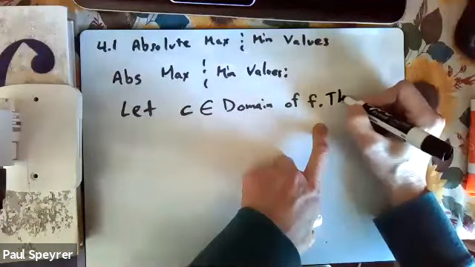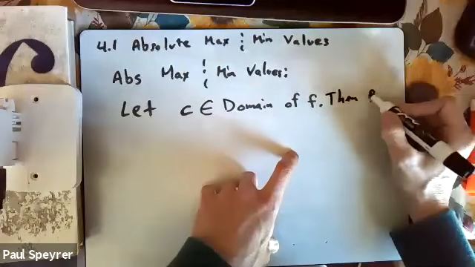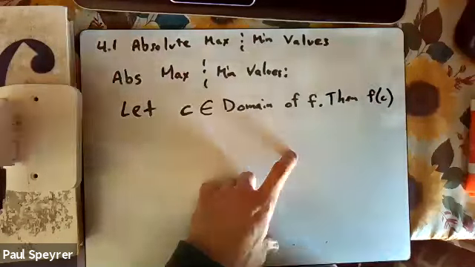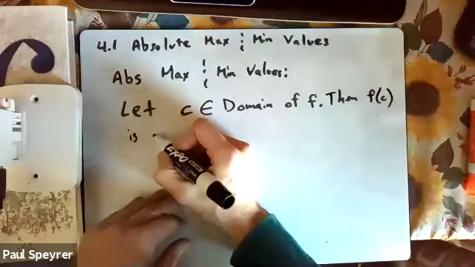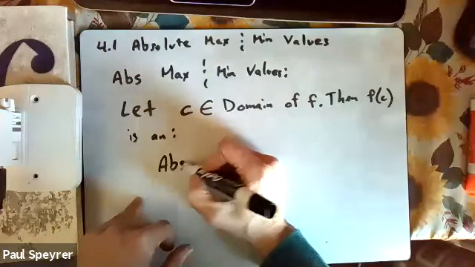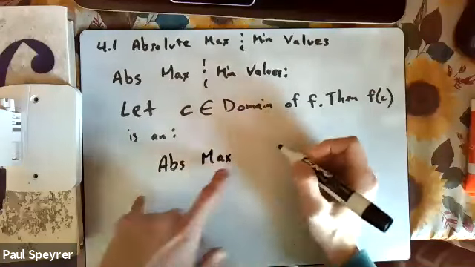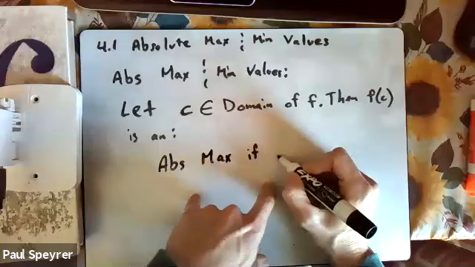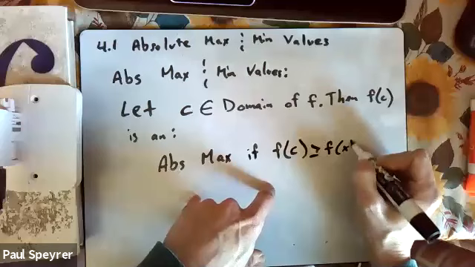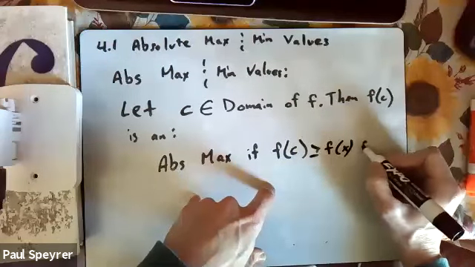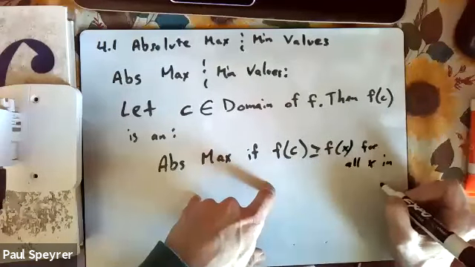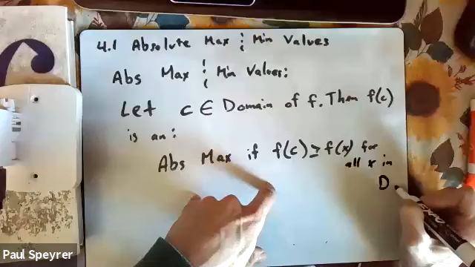Then F of C is an absolute max if F of C is greater than or equal to F of X for all X in the domain.